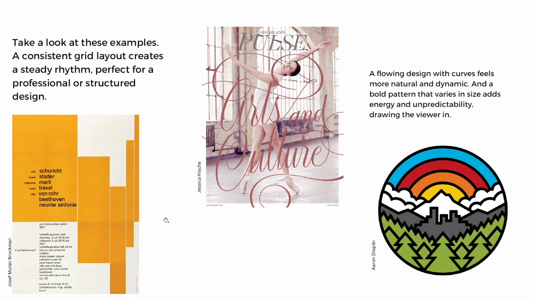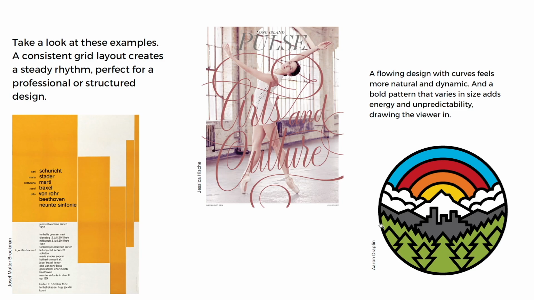So let's just take a look at these examples. The consistent grid layout creates a steady rhythm. This one here on the left. This is going to be perfect for a professional or structured design. The Swiss minimalists are a great place to start whenever you're researching this aspect of it. The middle one, that flowing design with curves, is going to feel a little bit more natural and dynamic.